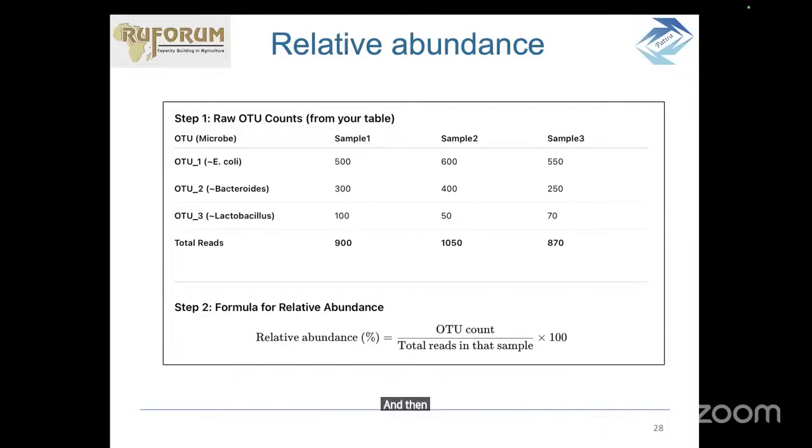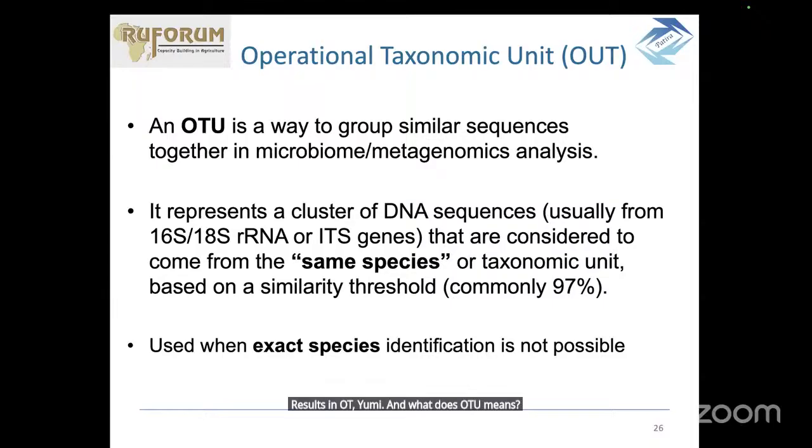Then they wanted to present our results in OTU. And what does OTU mean? Operational taxonomic unit. It represents your DNA sequences that I got from your markers. So they assume that they're 90%, 95% similar.